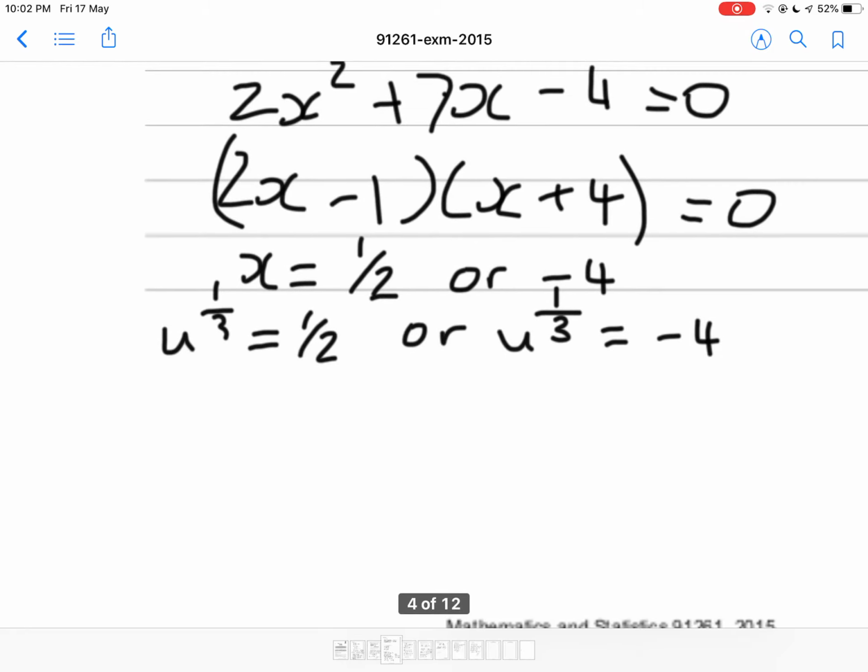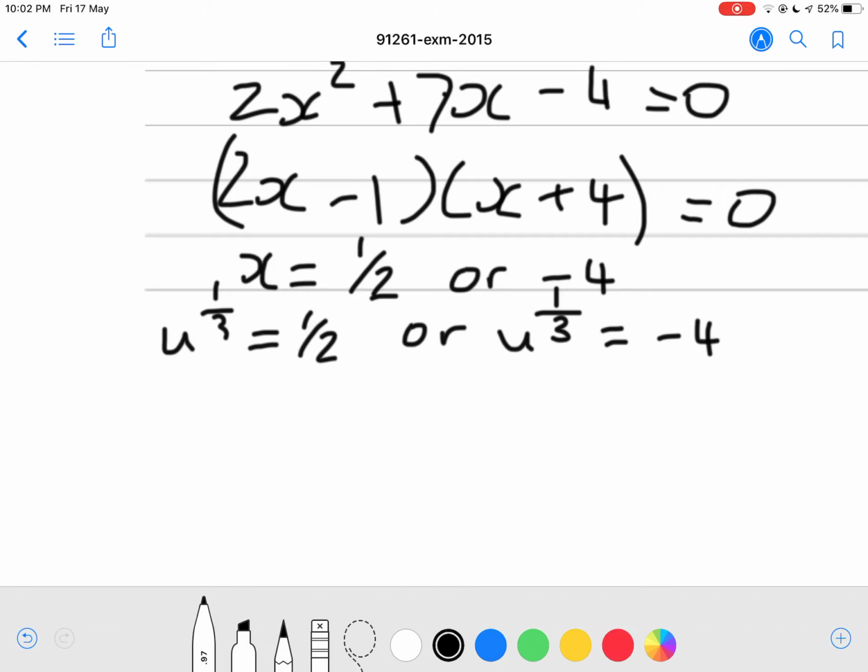And in order to make u the subject of the formula, since we're doing something to the power of 1 over 3, and we move the 1 over 3 to the other side, we're basically doing u equals 1 over 2 to the power of 3, okay? Since it's the inverse of 1 over 3, okay? So u equals 1 over 2 to the power of 3, or u equals negative 4 to the power of 3.